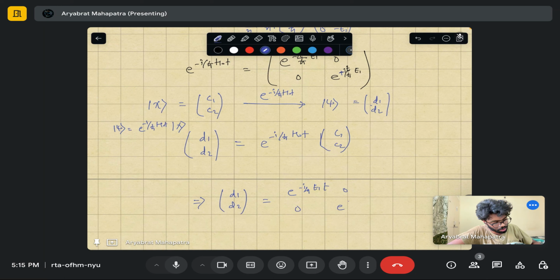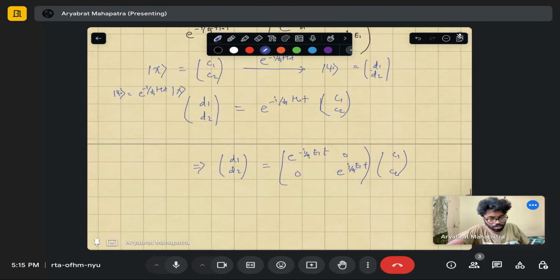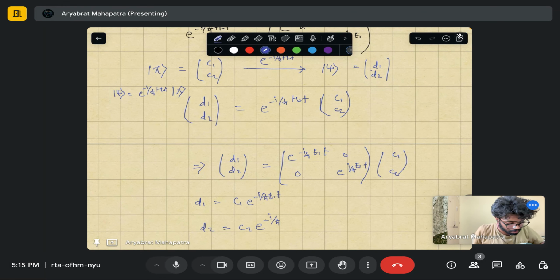So you have D1 is C1 times e to the power i e1 t over h bar, and D2 is C2 times e to the power minus i e1 t over h bar. So right, this is your D1, D2.